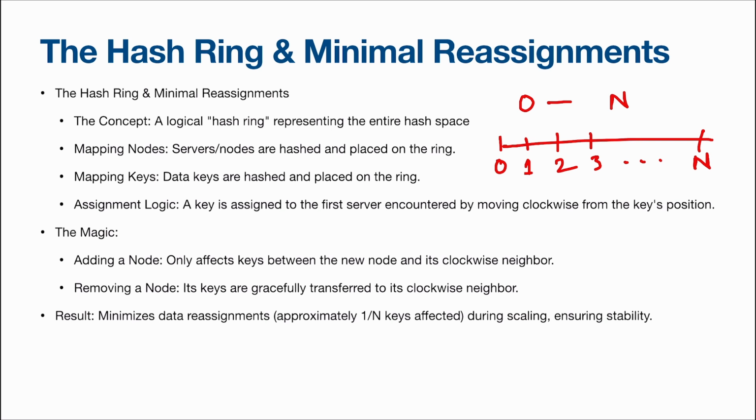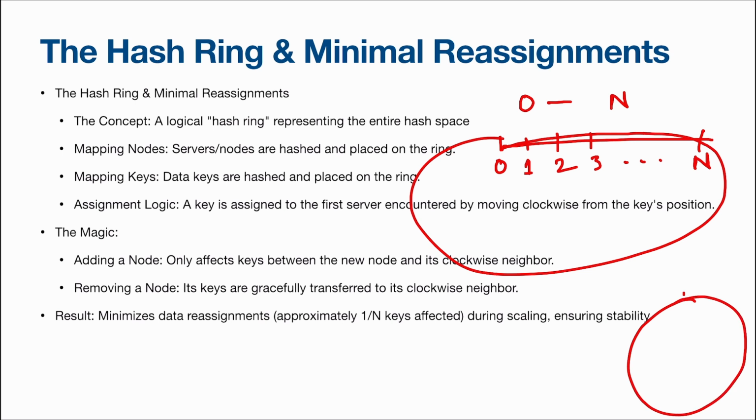So what does the hash ring do? Let's imagine we warp it into a ring. Let's make a ring out of it, and we can put 0, 1, 2, 3, 4, etc. And then we put all the hash keys on this ring. Now how does it help us distribute the load?